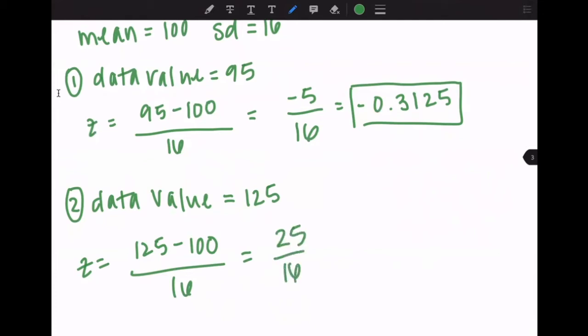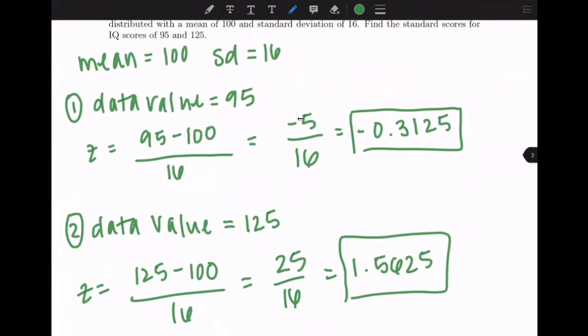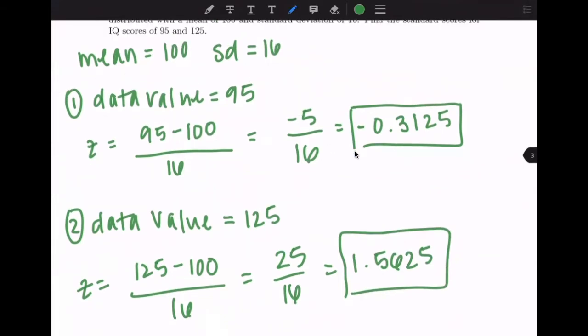Then you would just need to do 25 divided by 16. 1.5625 will be your standard score. Okay, moving on.